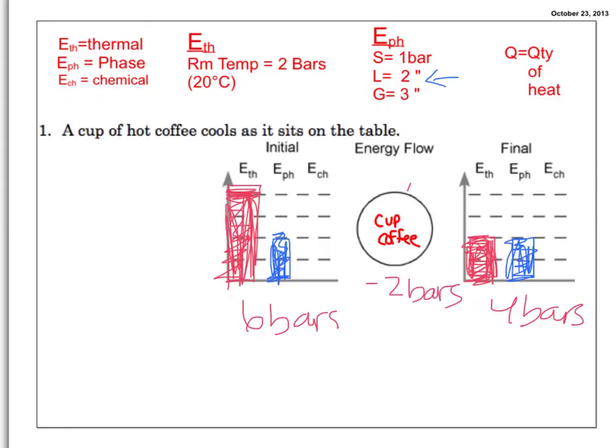So we're going to indicate that by drawing 2 bars as leaving the system. We just have an arrow to show that these 2 bars are leaving the system. And then for those 2 bars, we're going to write Q because that is the quantity of heat. So all we have here is an arrow with 2 bars sticking out of the coffee to show that 2 bars of energy have been lost.